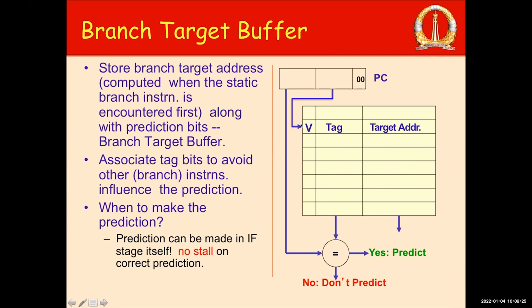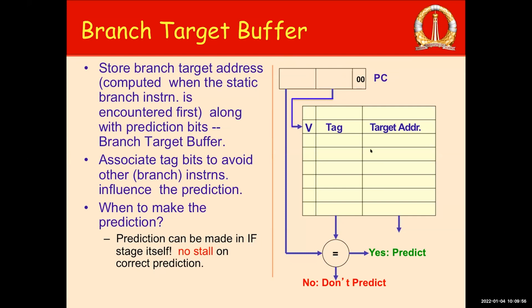It is possible that two different branches in my program, at two different program counter locations, have the same least significant 10 bits, which means they might index into the same location, but the target address might correspond to only one of them. So how do we distinguish between the two?